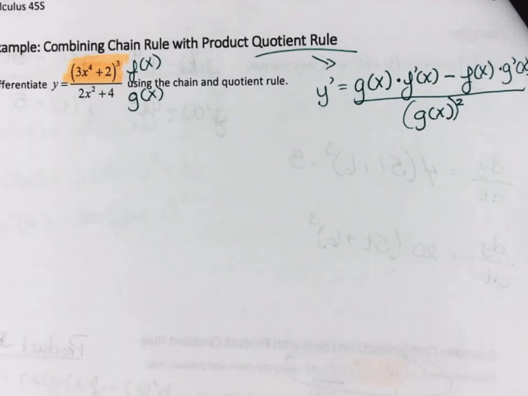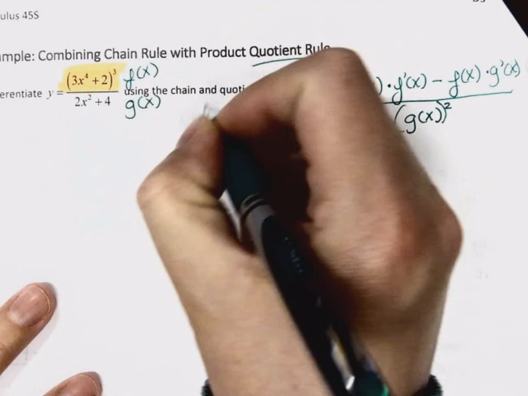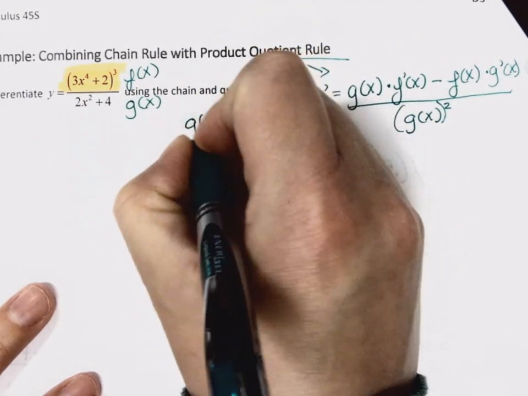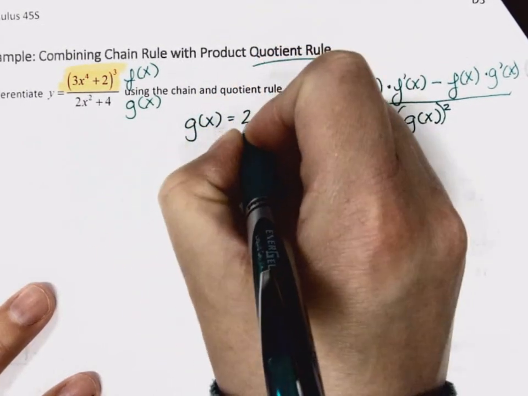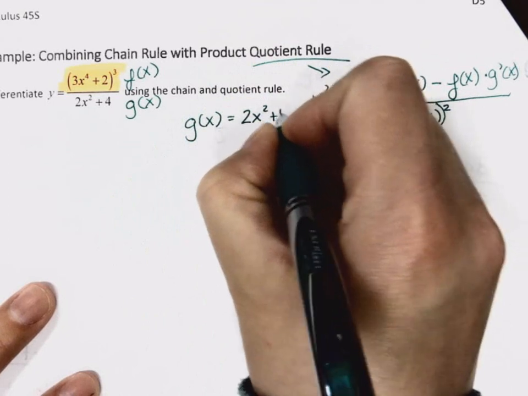So in order to find the derivative, first we find the derivative of the f of x, because we know our g of x function is 2x squared plus 4.